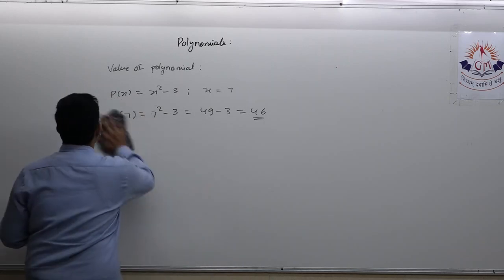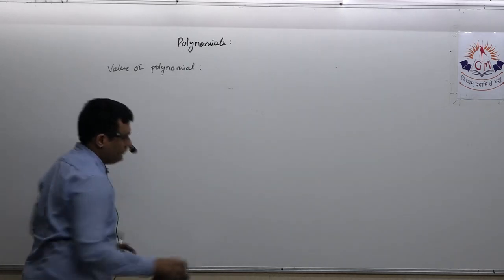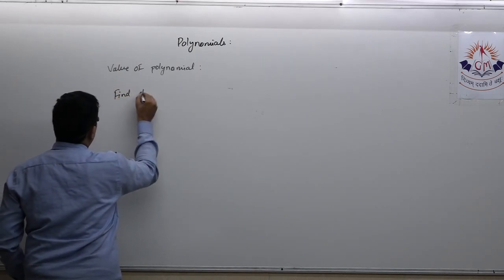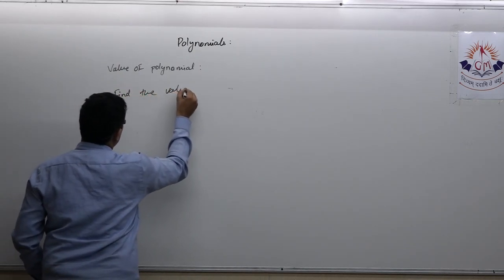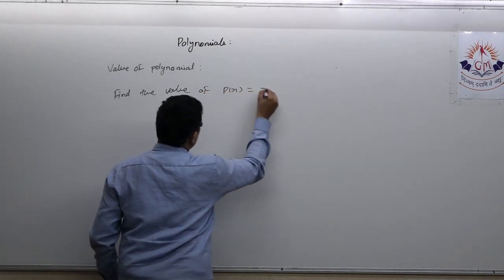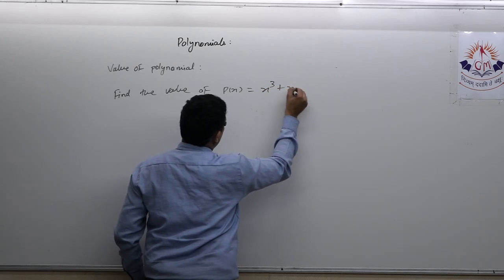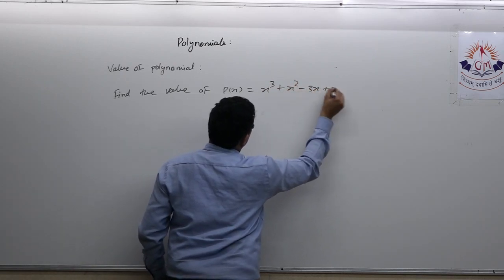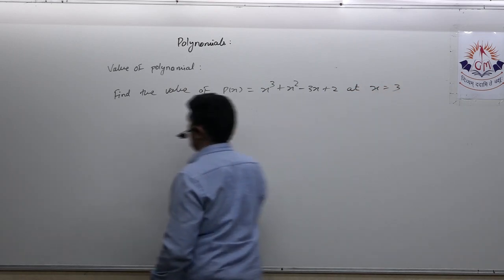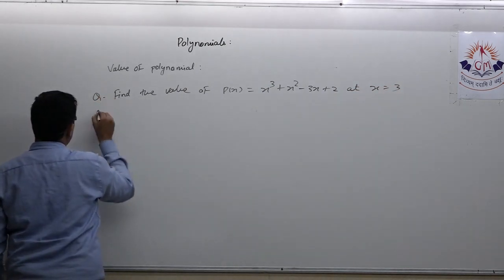Let us see one more question on this. Find the value of P(x) is equal to x cube plus x square minus 3x plus 2 at x equal to 3. This is the first type of question that can be asked.